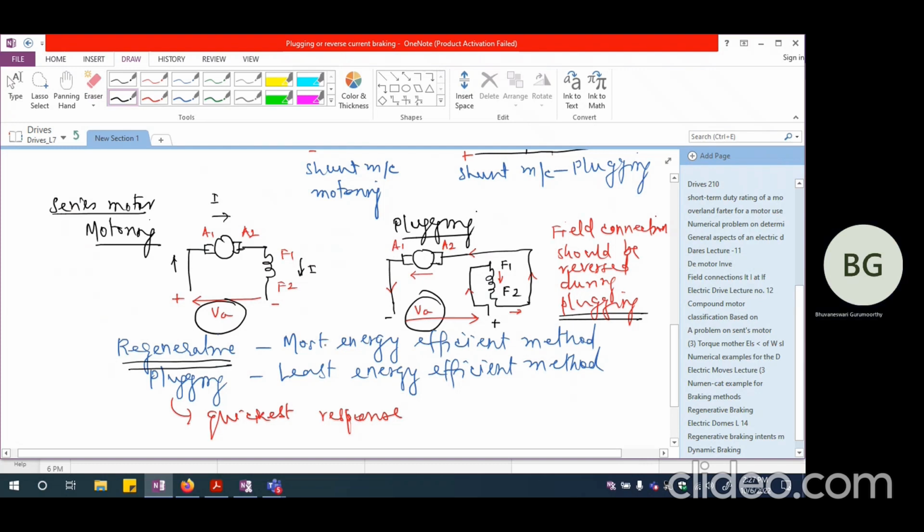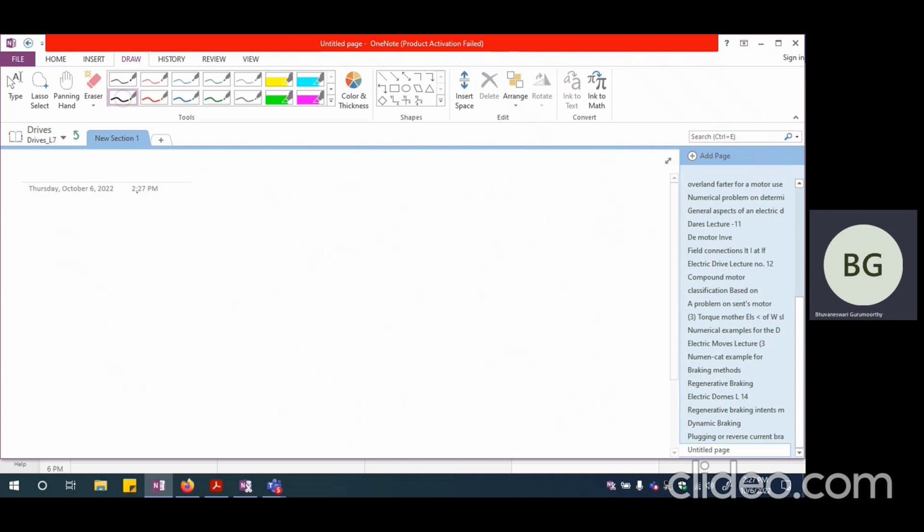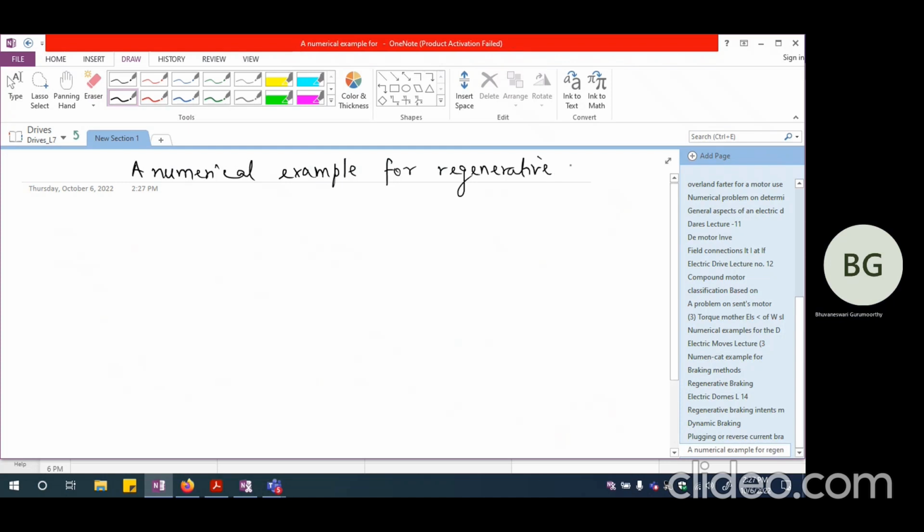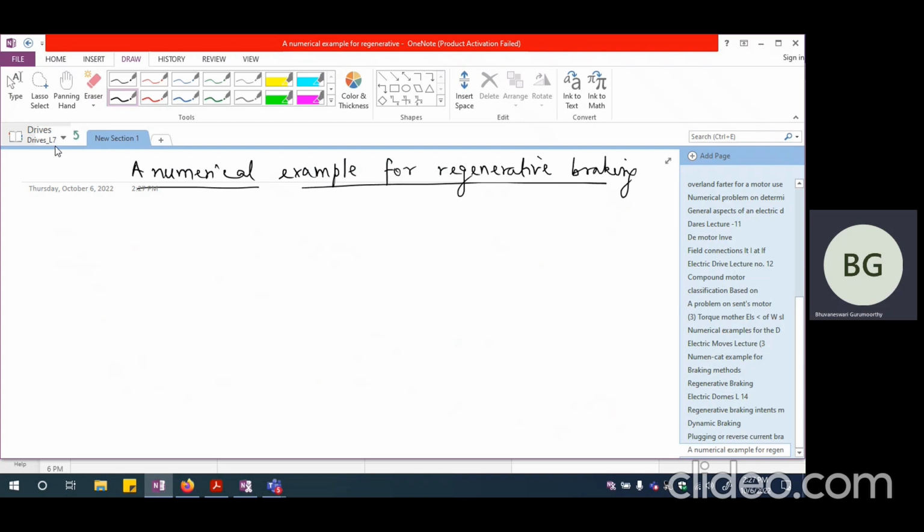Now let us try to do a couple of problems in braking. So let me first start with a numerical example for regenerative braking. The problem statement is somewhat like this.